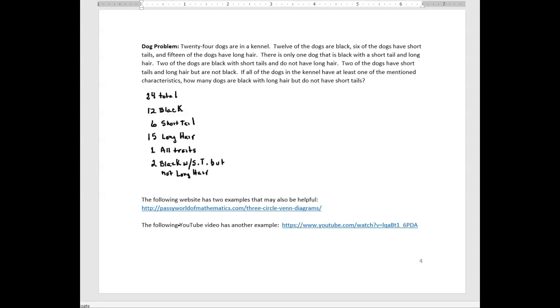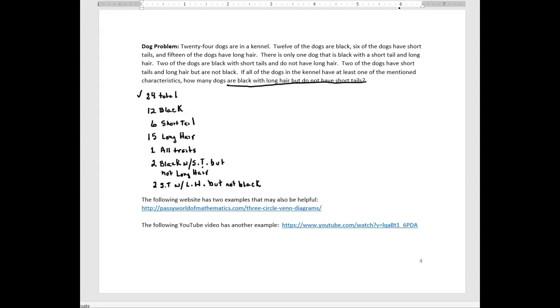And finally, we also have 2 dogs that are short tails with long hair, but not black. All right, so if all the dogs are in the kennel, they're all going to be accounted for, so we don't have anything on the outside. How many dogs are black, long hair, but do not have short tails?